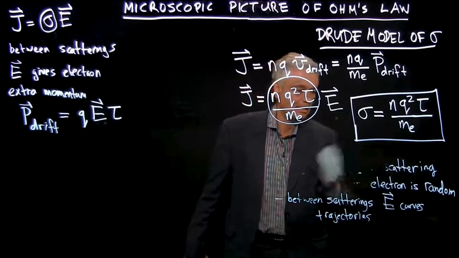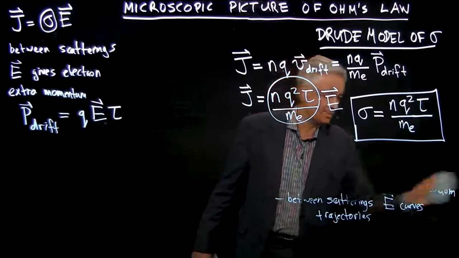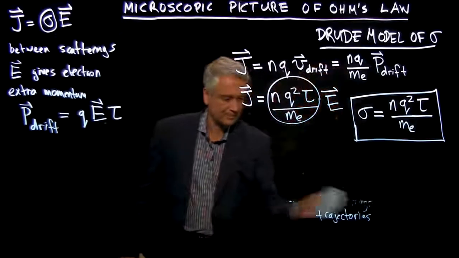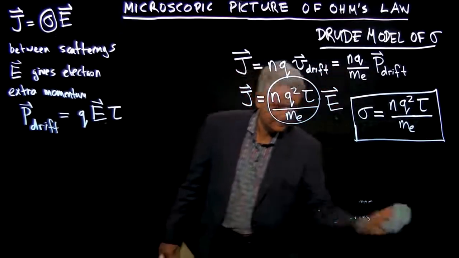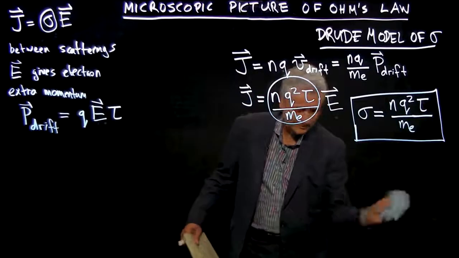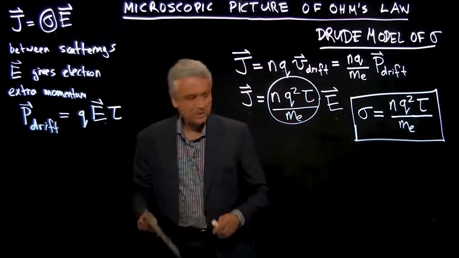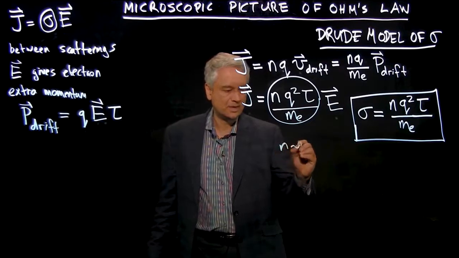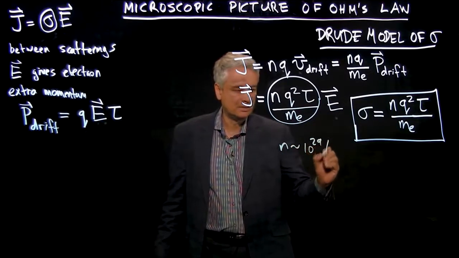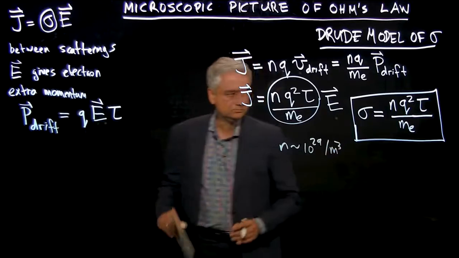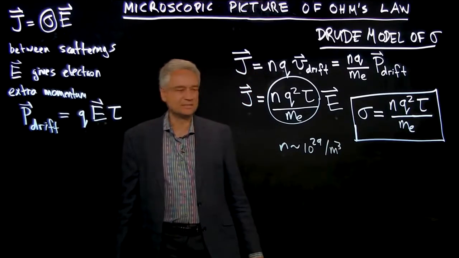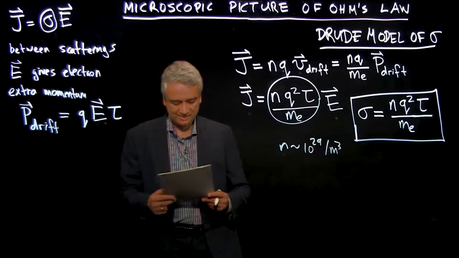So I've already given you some sense of numbers for copper. Let me finish that. I've already told you that N is around 10 to the 29 per cubic meter. Q and the mass of the electron are fundamental constants of nature. You can look them up. But what about tau?